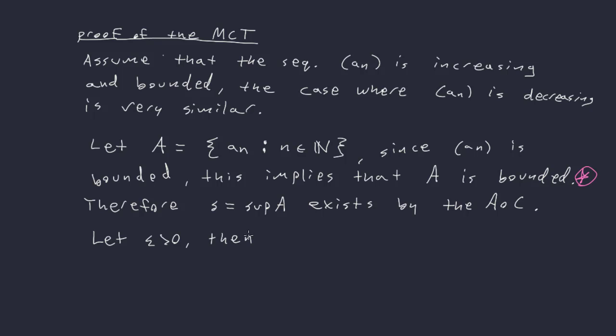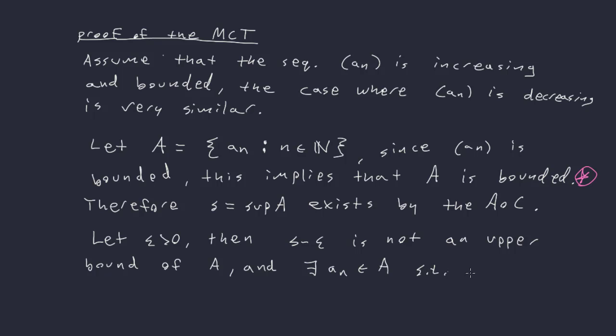Then we know that S minus epsilon is not an upper bound of A, and there exists an a_n in A such that S minus epsilon is less than a_n.